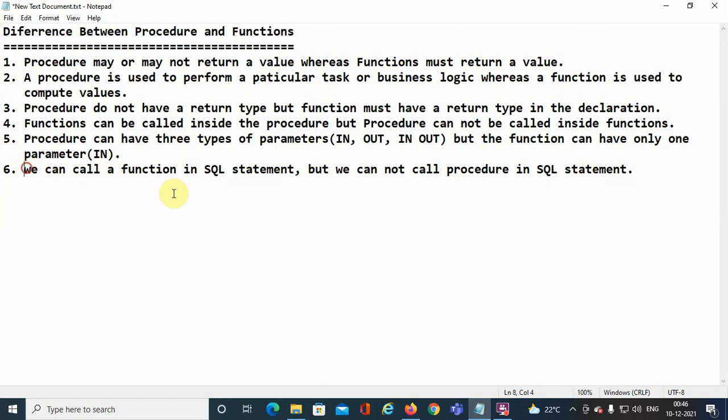And number 7 is the difference in transactional operations.